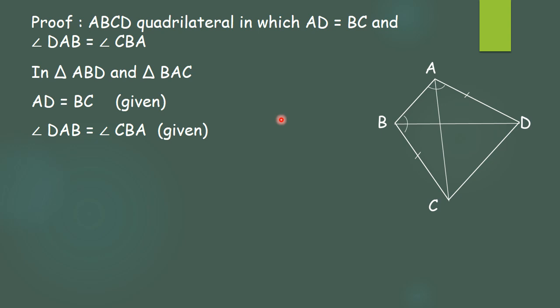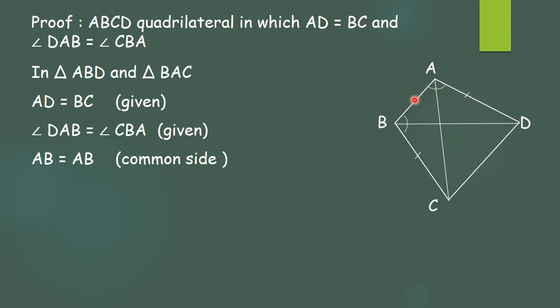Now what about the third part? For that, just pay attention to this. This is a triangle, correct? One triangle, and the second triangle is this. So which is the common side? We get AB is a common side. So we can write AB is equal to AB, that is a common side. So we have proved this side and the angle is included in it.